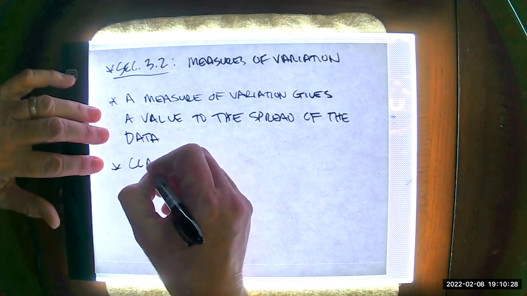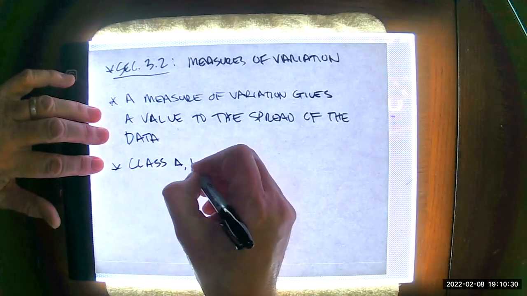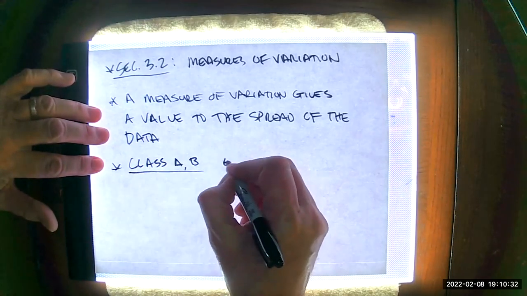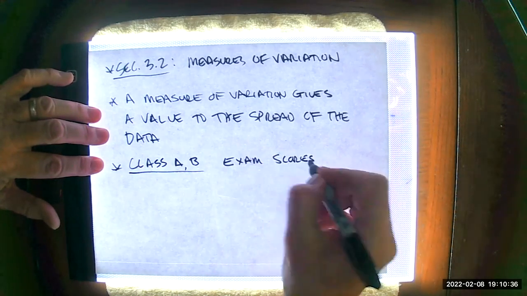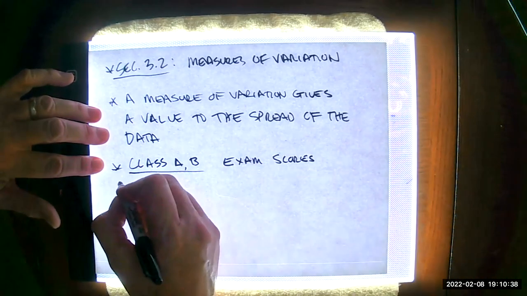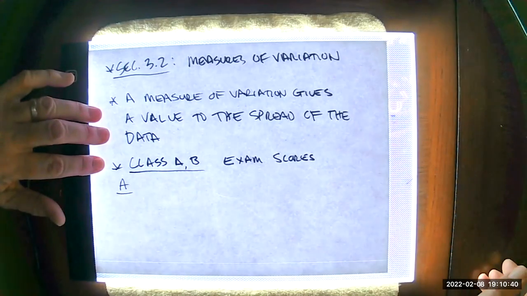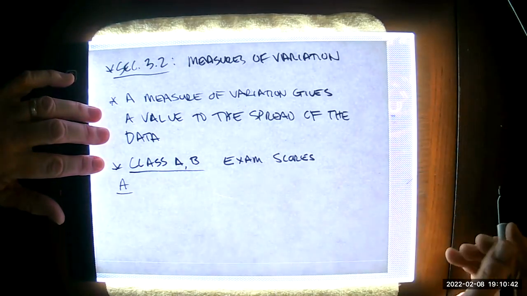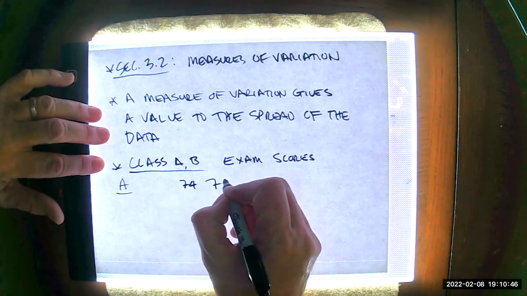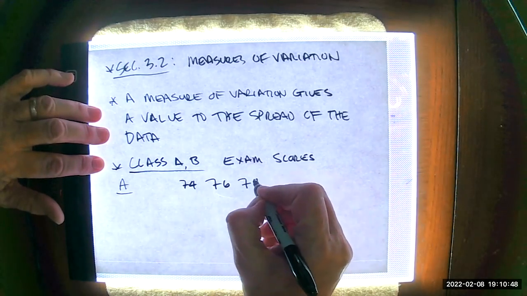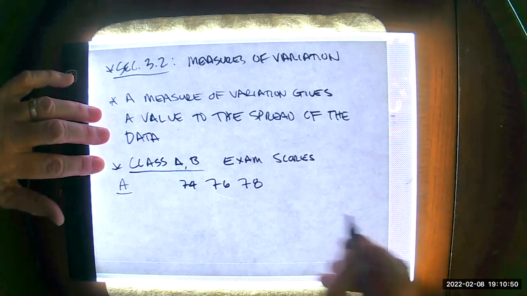I have two classes, class A and class B, and I have some exam scores. The first class, it's a small class, there's only 3 people in the class, has the following exam scores: 74, 76, 78.